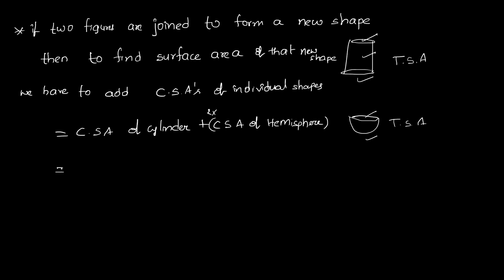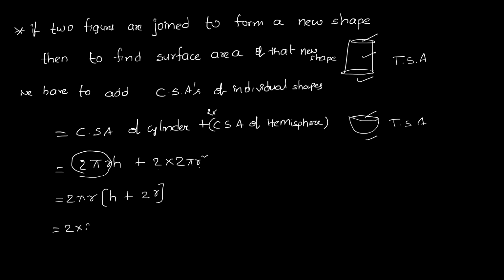And what is CSA of cylinder? 2 pi rh plus 2 into curved surface of hemisphere, 2 pi r square. And since we know all the values, we can directly substitute. But to make it very simple, I am taking 2 pi r as common. So 2 pi r as common తీస్తే ఇక్కడ ఏమొస్తుంది నాకు h plus ఇక్కడ ఒక 2 ఉంటుంది, and I'll get one more r here.